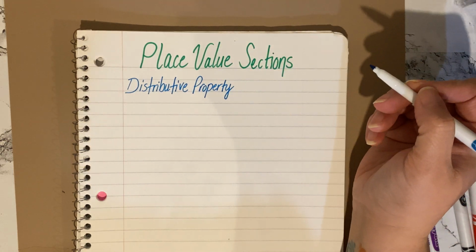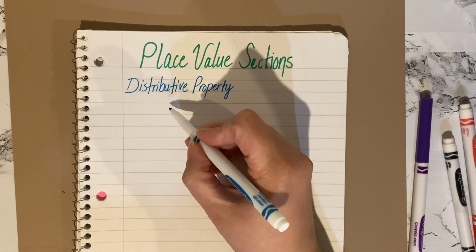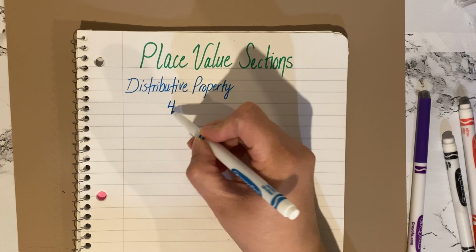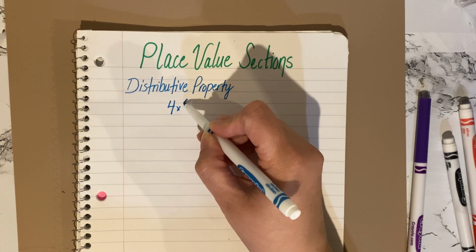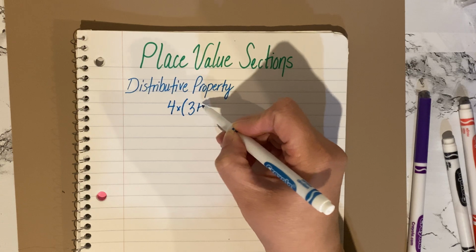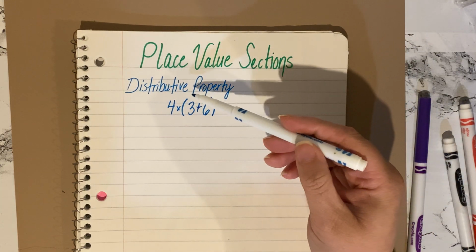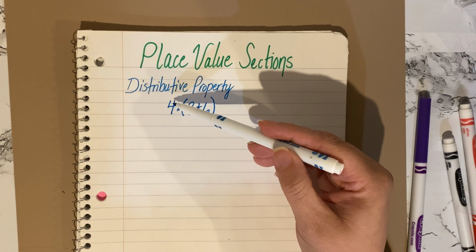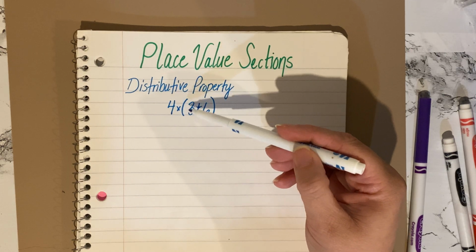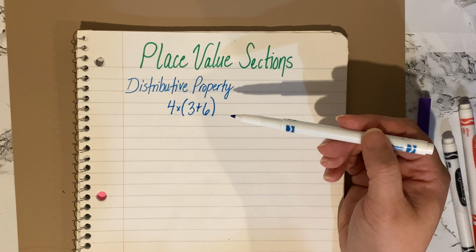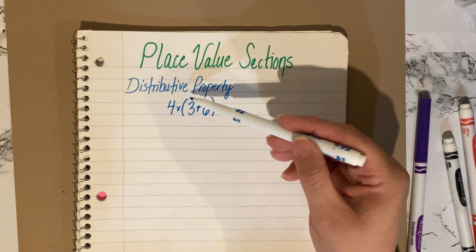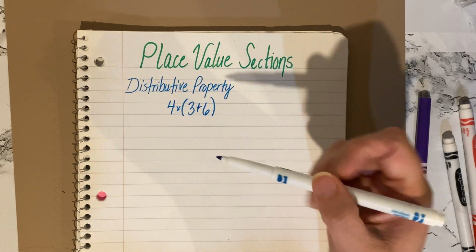what that means. So in the distributive property, if you have a problem like 4 times parenthesis 3 plus 6 parenthesis, distributive property says I can take what's outside of these parentheses and apply it to each number. It's like passing out papers. I'm going to give the 3 a 4 and then give the 6 a 4.